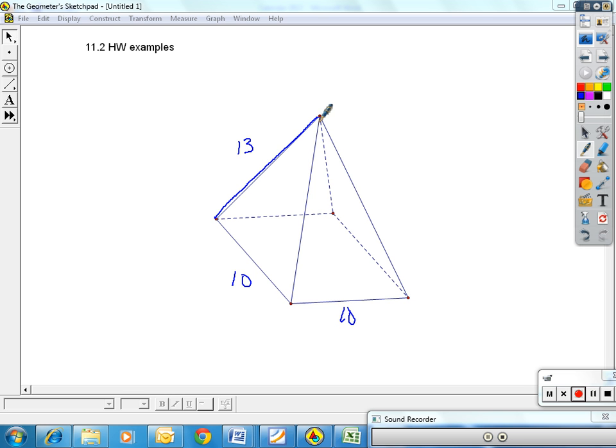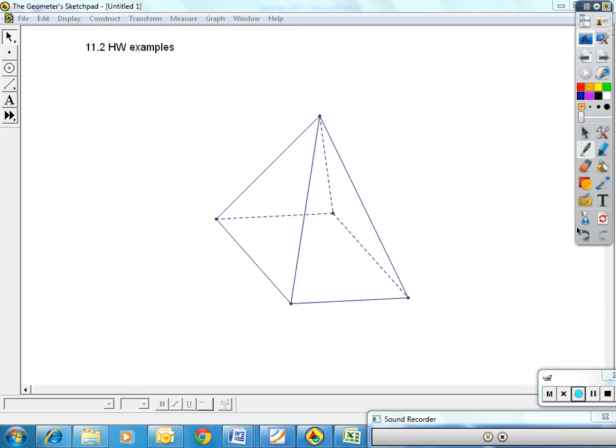So to find this triangle, I need to find this height right here, and that helps me do that because this is a right triangle. And this right triangle I know because my altitude divides that base into congruent parts. So this is 5 and 5. This is a 5, 12, 13. I'm back to the pyramid that I just got done solving. So you have to be a bit savvy with the information that's given.